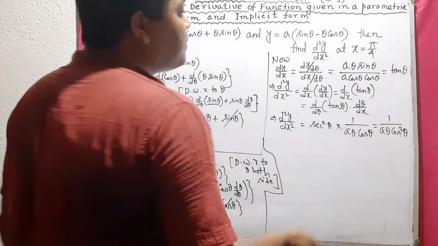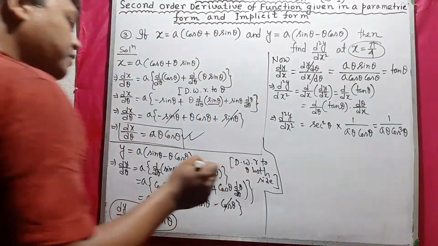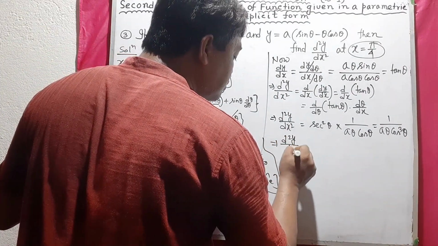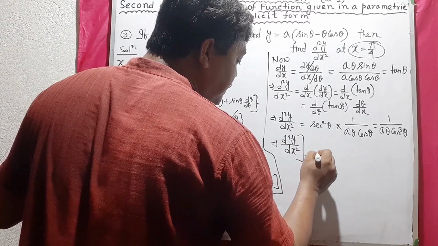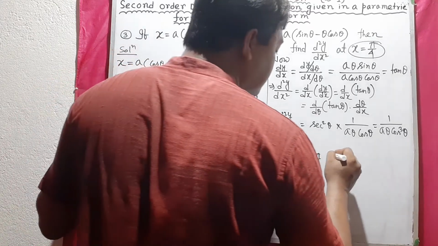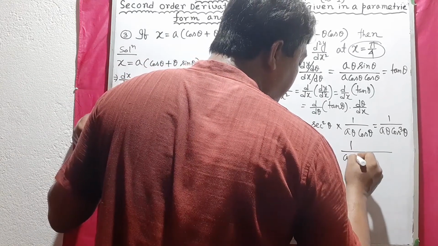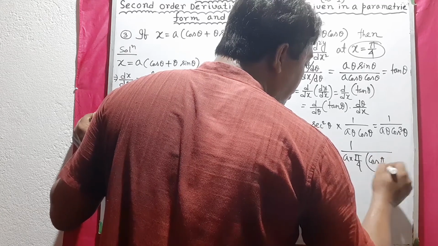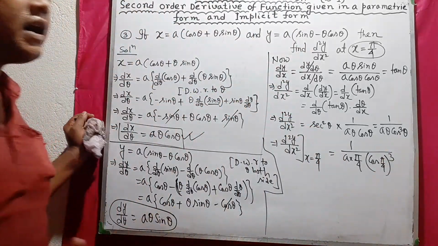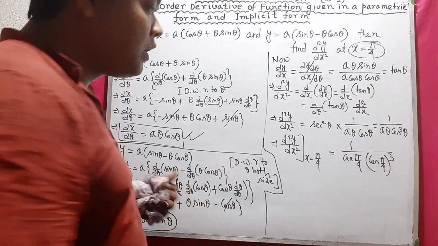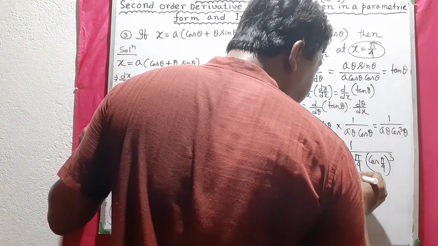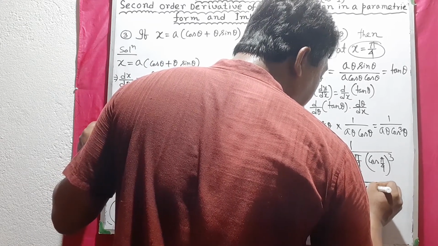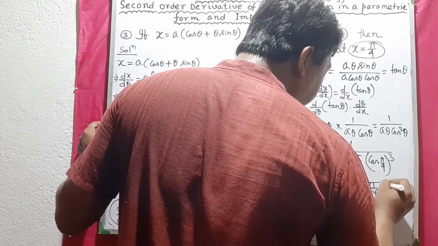And we have to find the value of it at x equals pi by 4. So d2y/dx2 at x equals pi by 4 is 1 by a into pi by 4 into (cosine pi by 4) whole cube. Cos cube theta means cos theta whole cube. So what is the value of cos pi by 4? That is 1 by root 2. So 4 by a pi into (1 by root 2) whole cube.